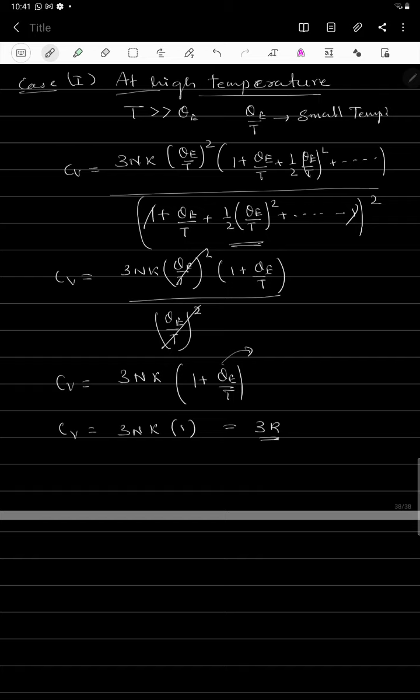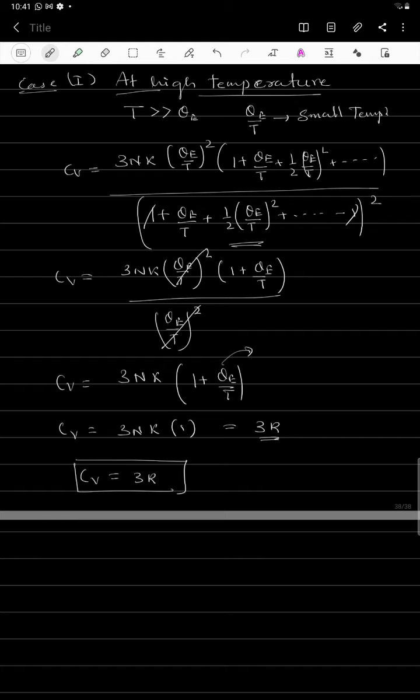So here the specific heat capacity of solids at high temperature is 3R. It means for high temperature, the specific heat capacity of all solids is constant, that is 3R.